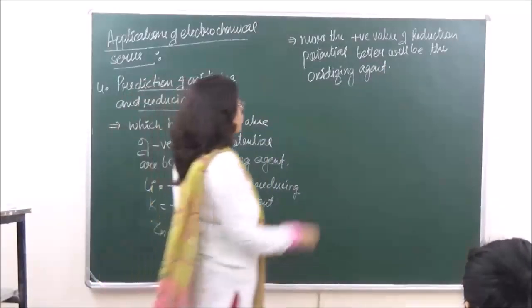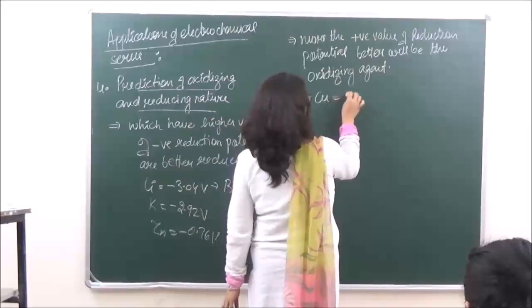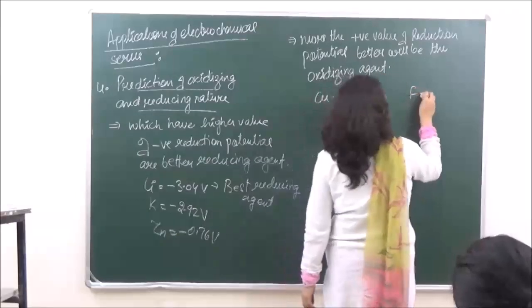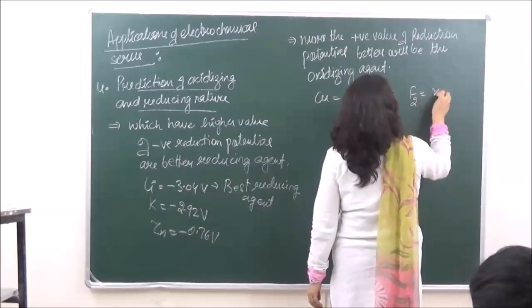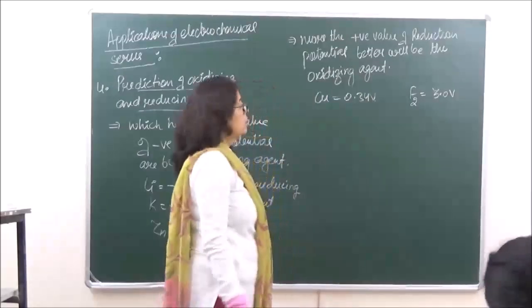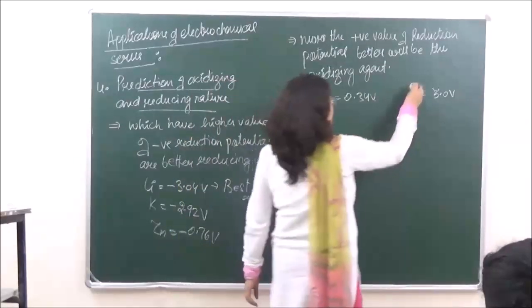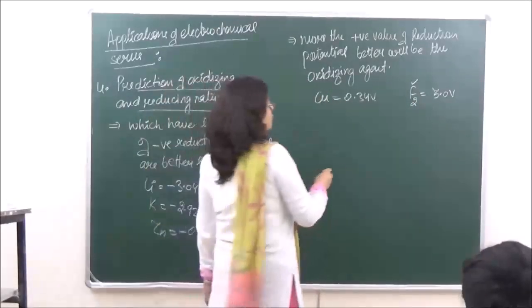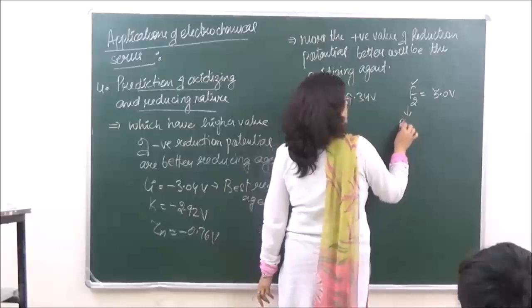So if we are comparing copper with a value of 0.34 volt and fluorine with a value of 3.0 volt, fluorine is going to be a better oxidizing agent. In fact, fluorine is the best oxidizing agent.